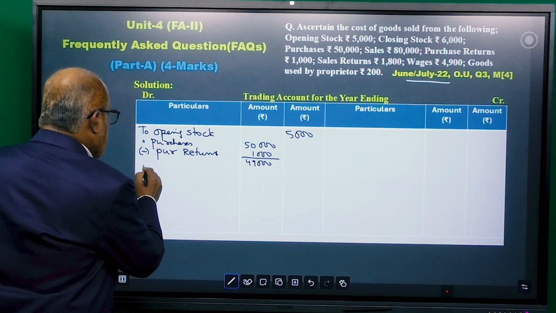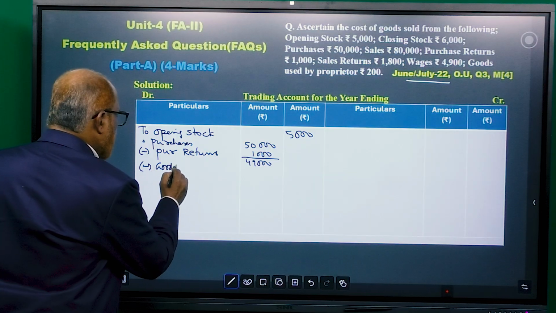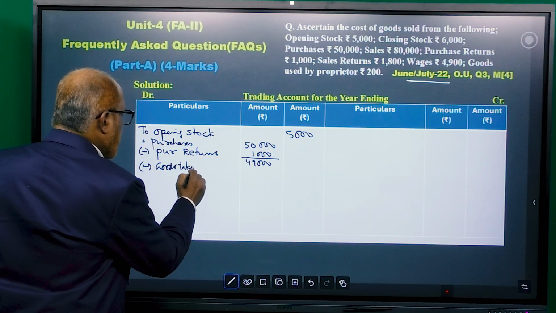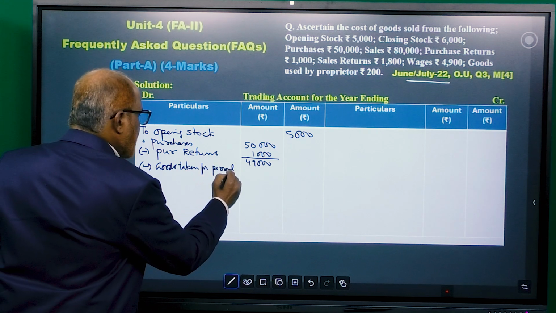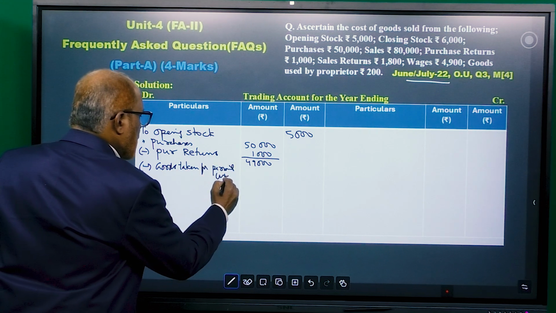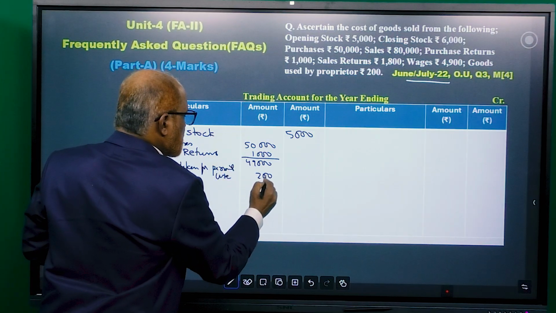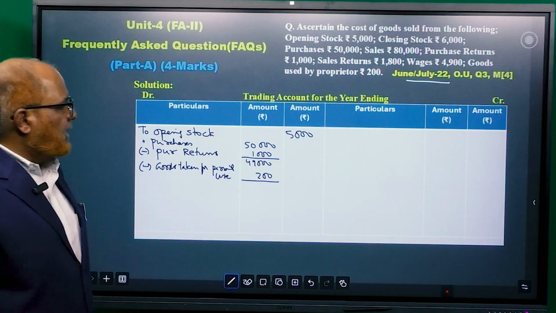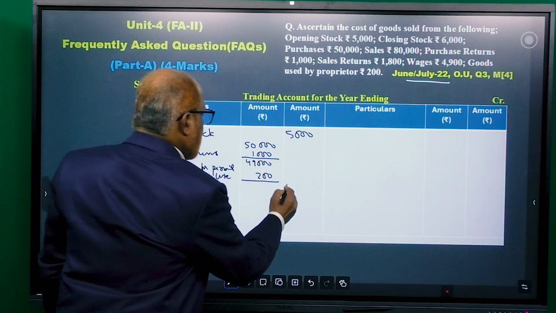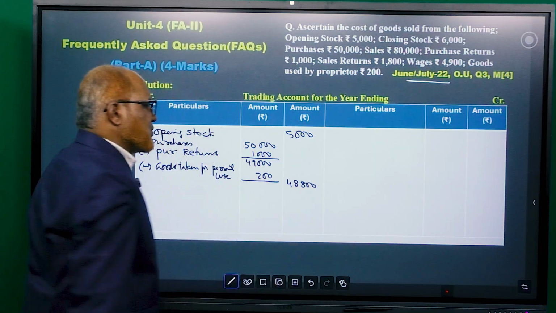So here minus goods taken for personal use. The goods taken for personal use, how much? 200. So subtract this 200. So what we get? 49,000 minus 200. It is 48,800. These are called the net purchases.